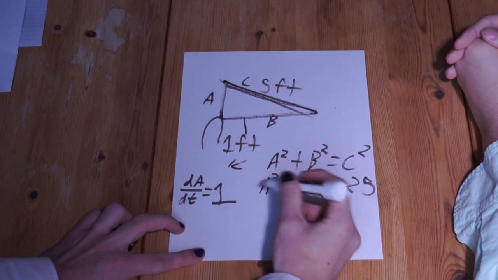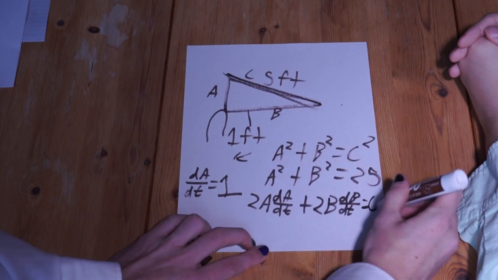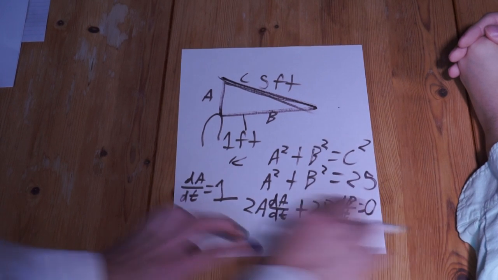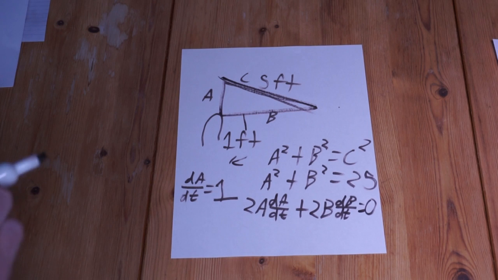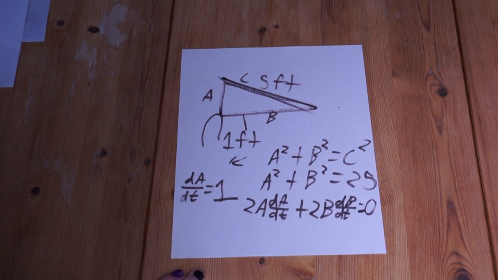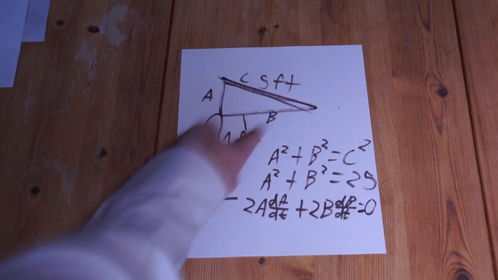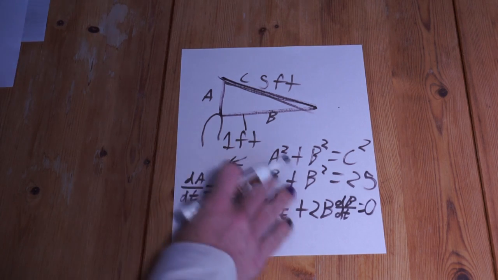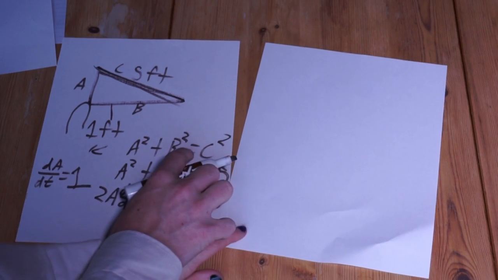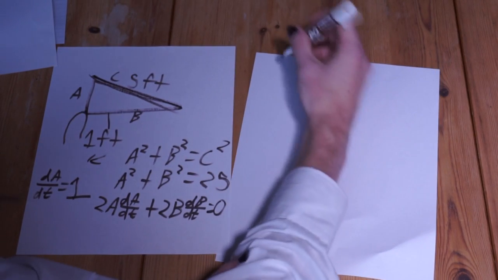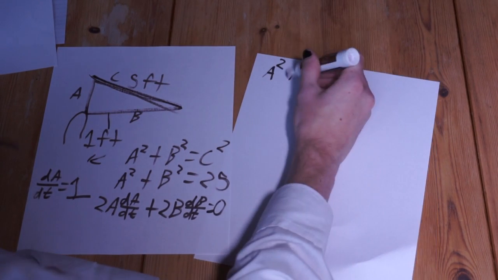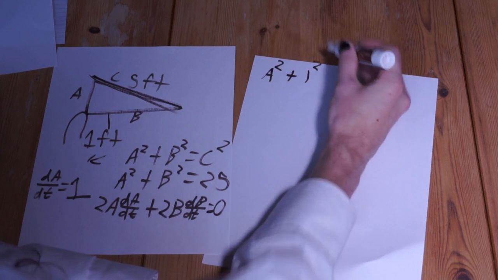So, to find the derivative, look at that. Sorry, I didn't actually mark it. Good. Okay, we have to find A when B equals 1. So, let's go ahead and do the Pythagorean theorem with B as 1. So, we need to find A squared plus 1 squared, which is 1.